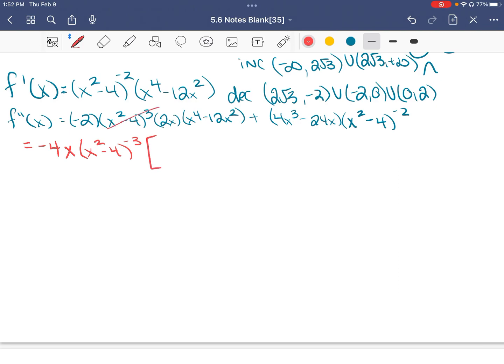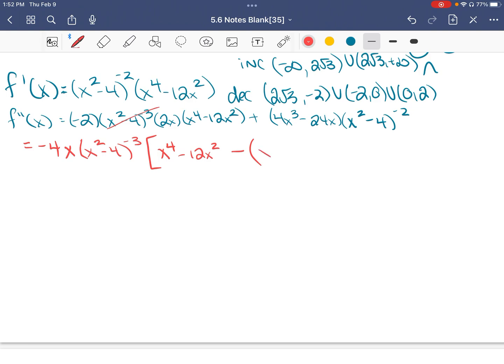So that takes this guy out. We took out the negative 4 and the x. So x to the fourth, we took out a negative, so minus 12x squared. That was the first term. We took out a negative here, so we're going to subtract.